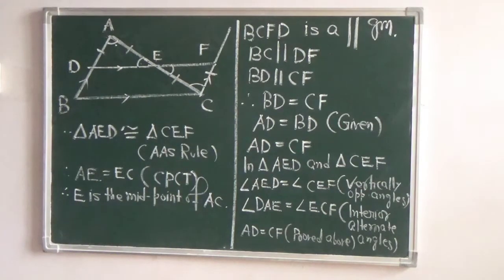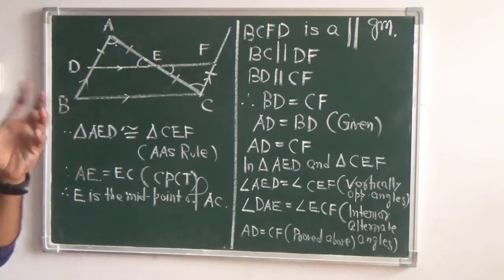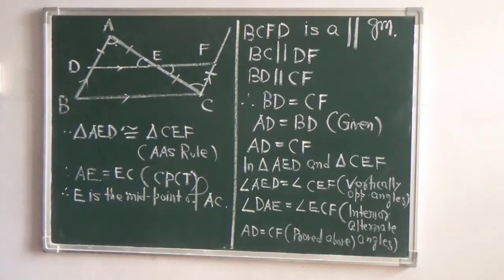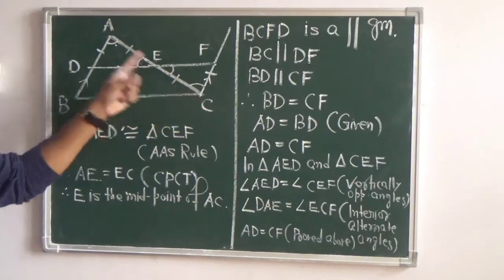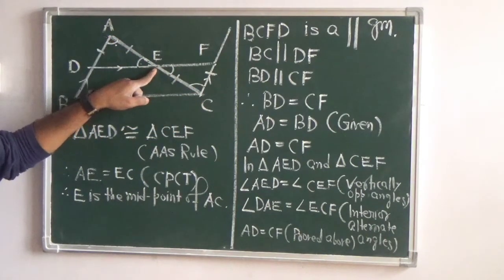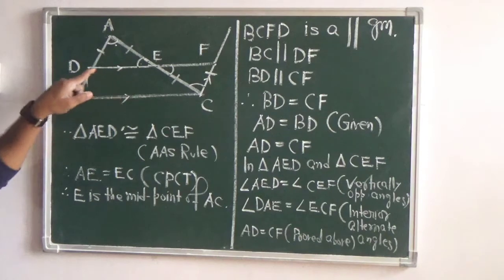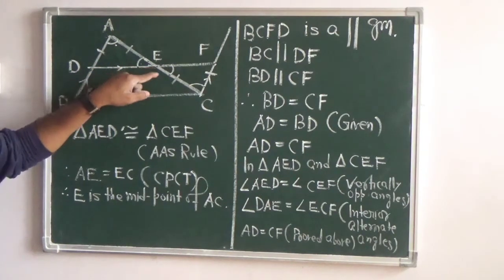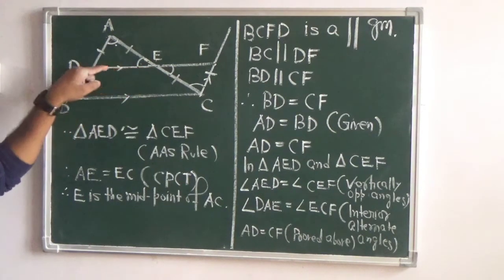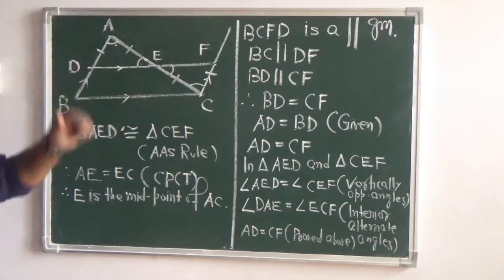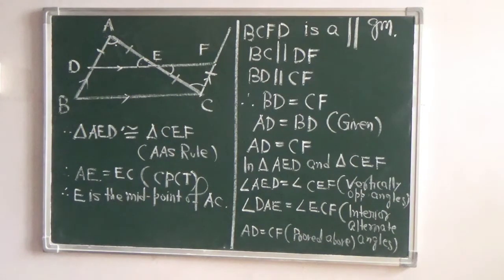So finally we can say that the straight line DE passing through the midpoint of AC is the bisector of AC at the point E. In the beginning we discussed what a midpoint is and what the bisector of a side is. This is the line AC and E is the midpoint of it. The definition of the midpoint we did in the beginning, and DE is another line which passes through this midpoint, so this is called the bisector. So DE is the bisector of AC. So this is the converse of the midpoint theorem.